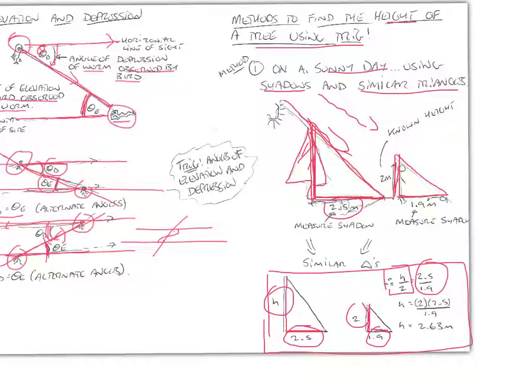So the ratios are the same for similar triangles. By cross multiplying, 2 by 2.5 over 1.9 gives us the height of the tree equal to 2.63 meters.